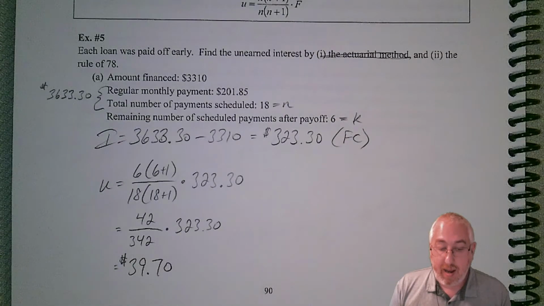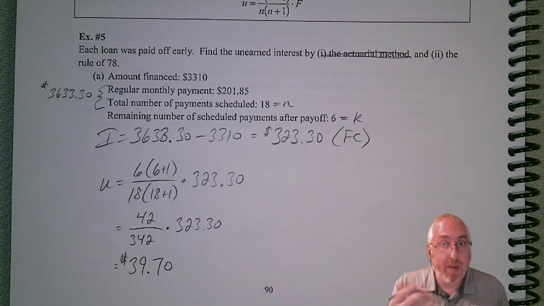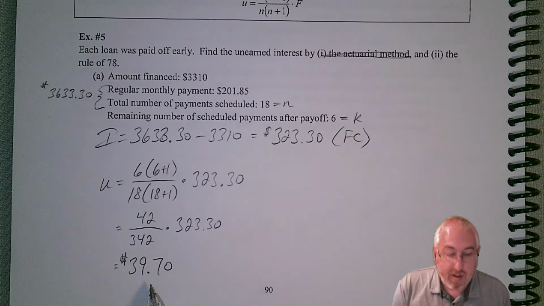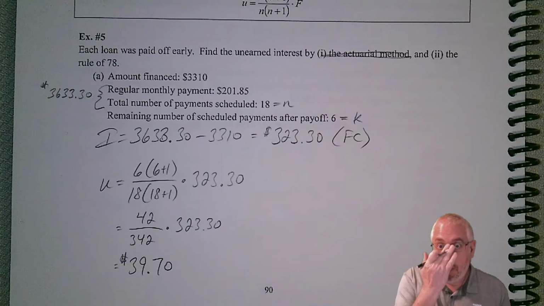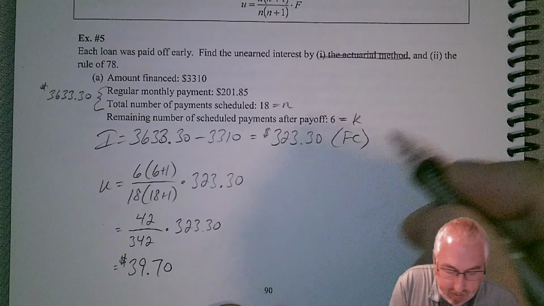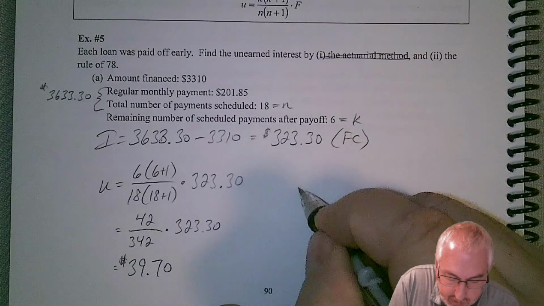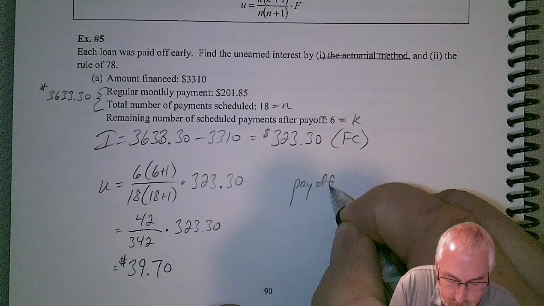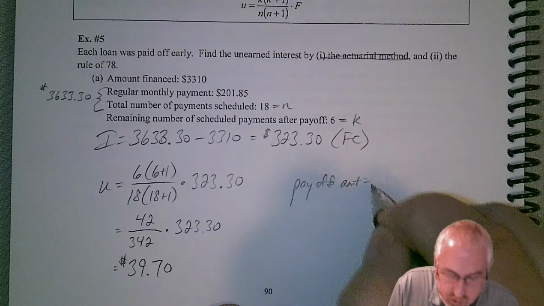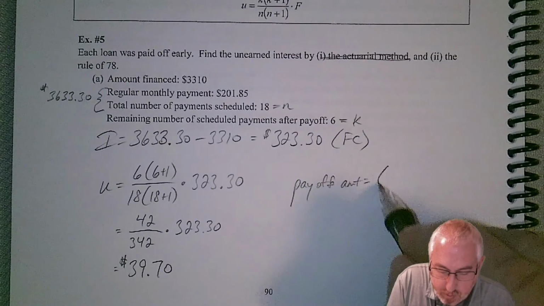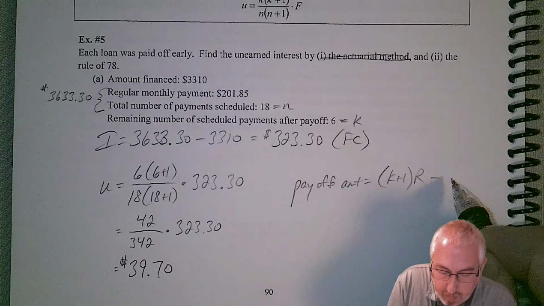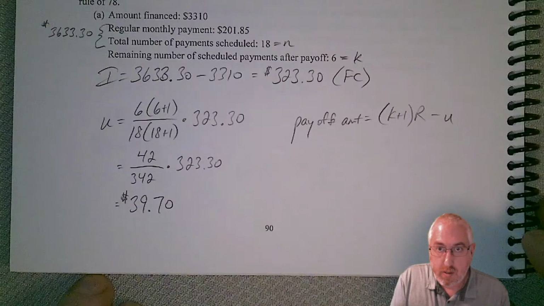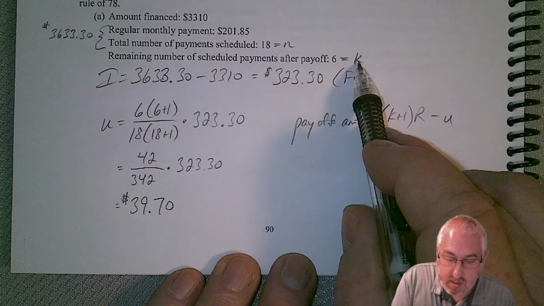Now the other question is how much would you have to pay on that 12th payment in order to save that 40 bucks? Well, that's where that payoff amount comes in. Now it's not part of this question, but I'm going to do it anyway. So remember, the payoff amount was equal to K plus 1 times R minus U. So K was 6.